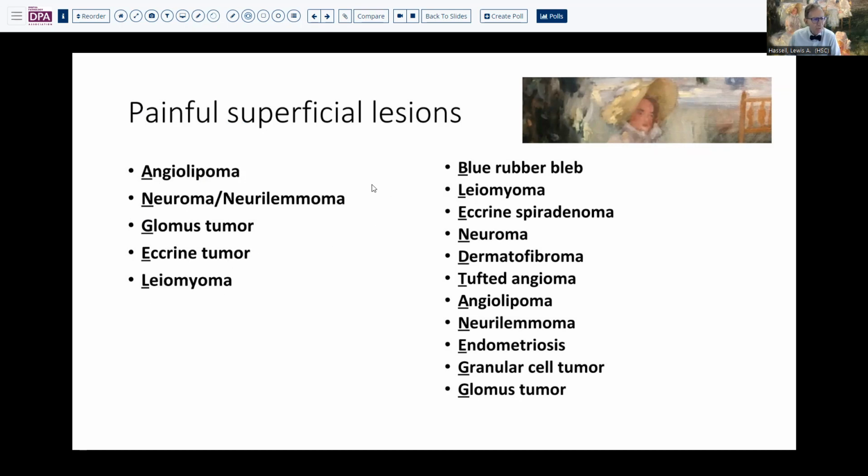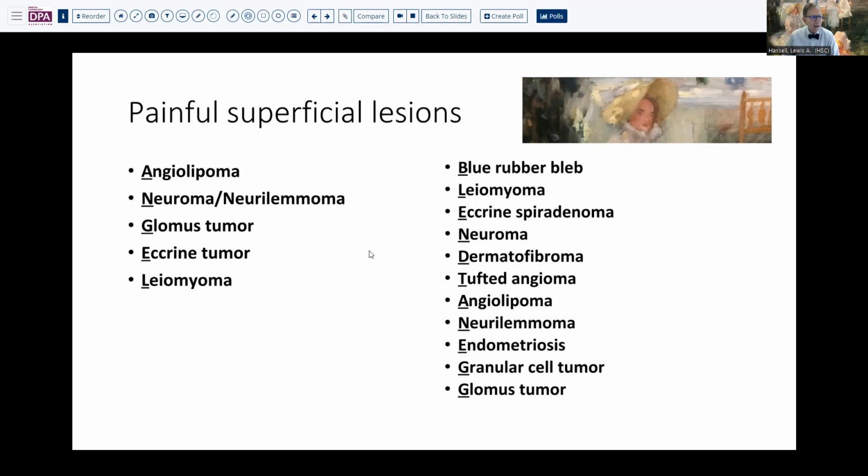But now if you Google that painful superficial lesion, you'll get a much longer acronym called BLEND TAN EGG, standing for this list of entities, many of which are, of course, the same, but a few additions have been added on, including dermatofibroma, tufted angioma, endometriosis, granular cell tumor on occasion, and the blue rubber bleb.